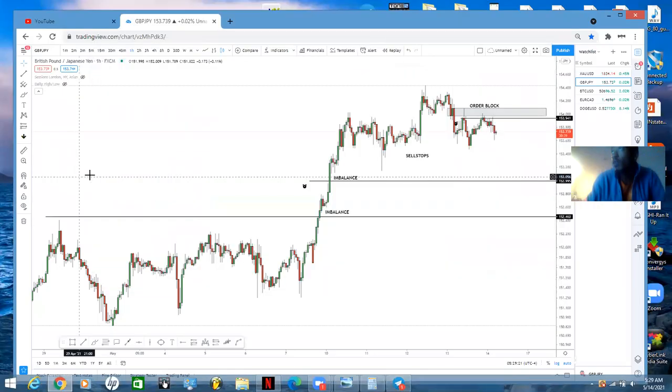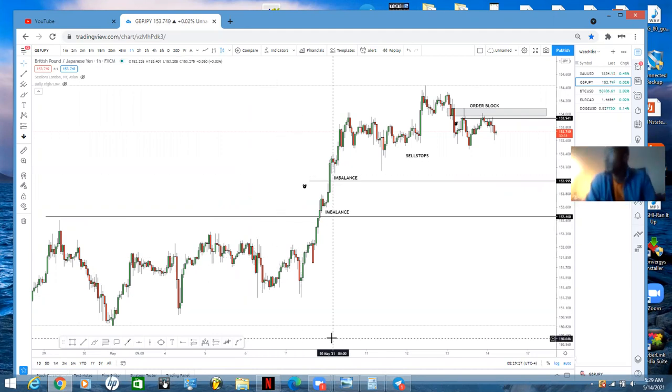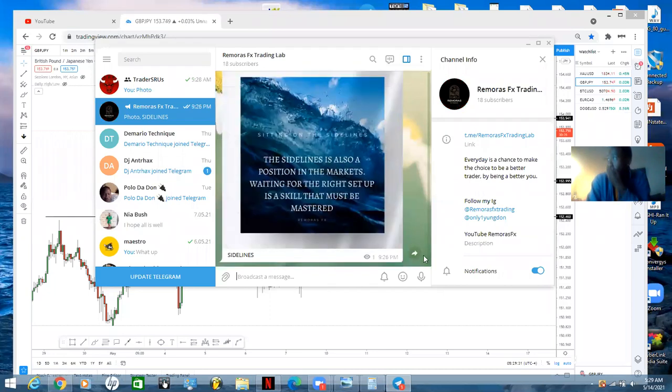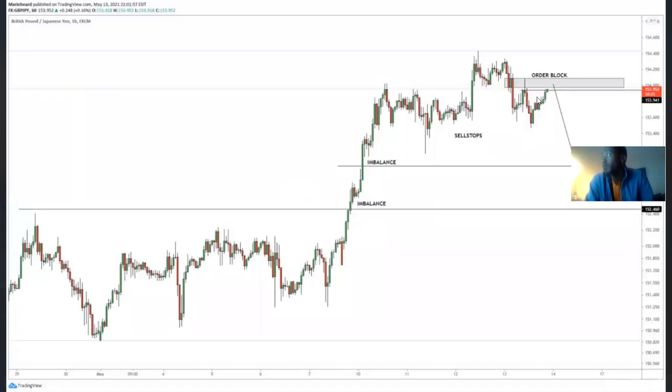So I guess we'll go over GJ first. These are the setups that I had seen. So this was GJ. Basically, this is where GJ opened up at the market, and I noticed that this order block right here had formed. Price already had came and tested it once, came down, broke this structure low right here.